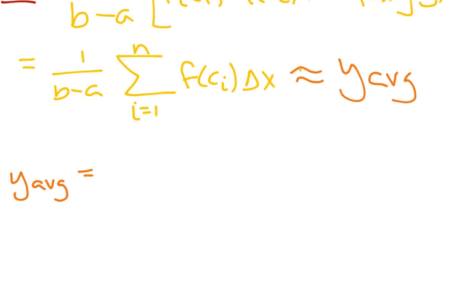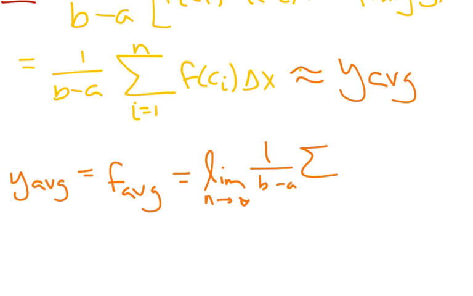So the average value of y, or the average value of f, since f is also the function we're using, f average, is going to be the limit as n approaches infinity of 1 over b minus a times the sum from i equals 1 to n of f of c sub i times delta x.